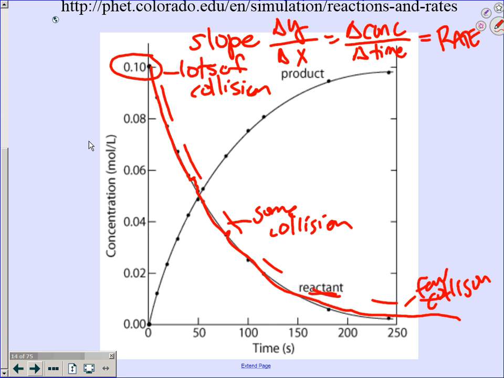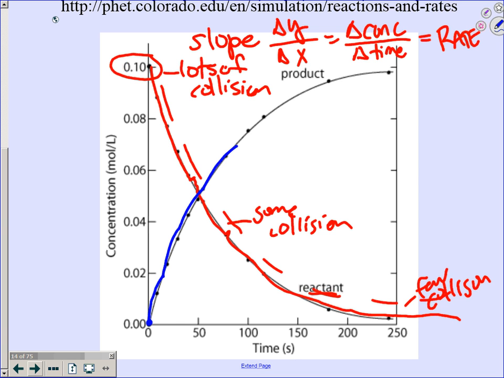Now what's the other graph, or what's the other line? Products. Why are they starting at 0? Well, at time 0 before the reaction occurs, I have all reactants and no products. But as those reactants react, what are they producing? Products. And as those reactants continue to react, they're making more products and more products.